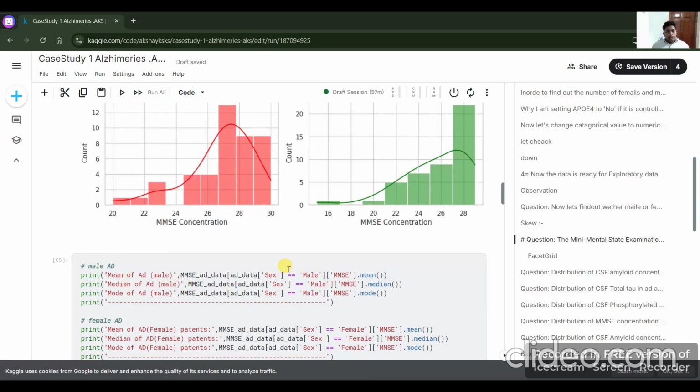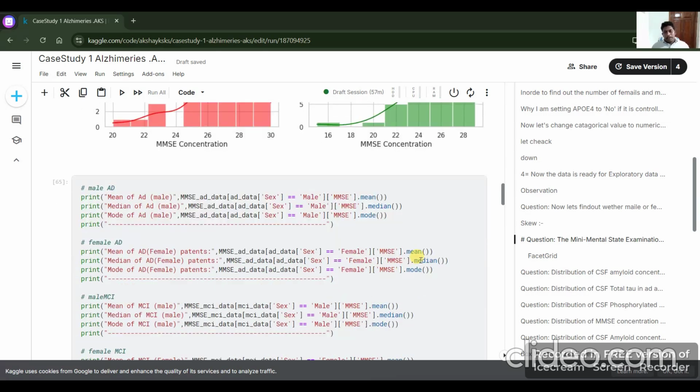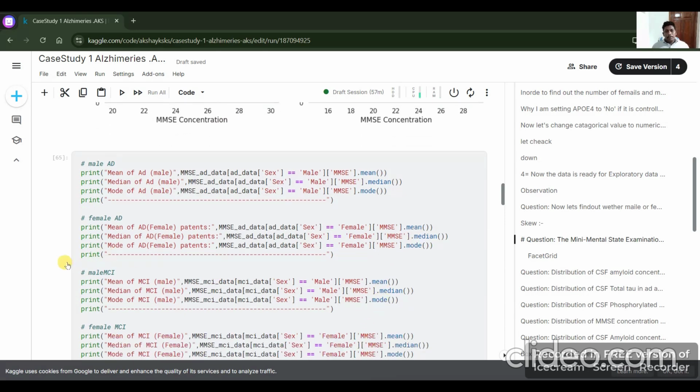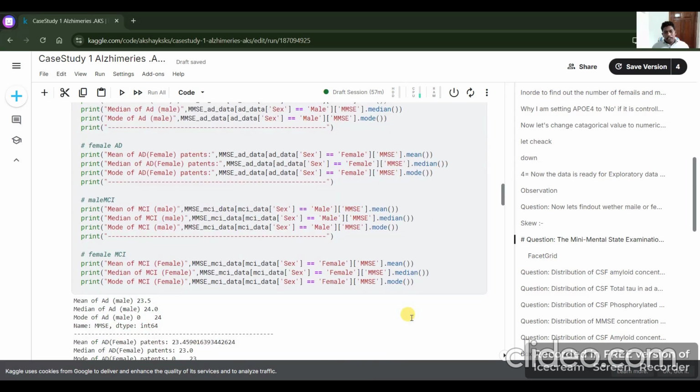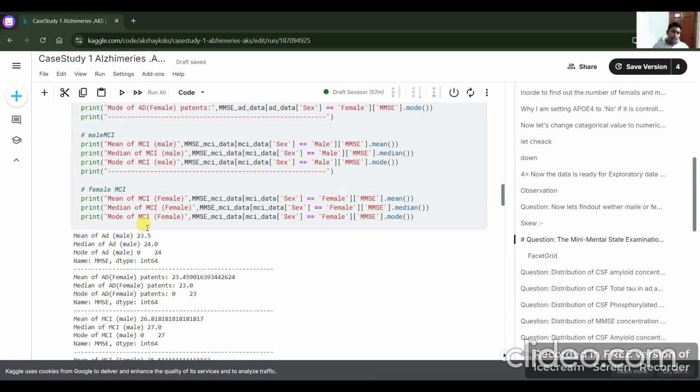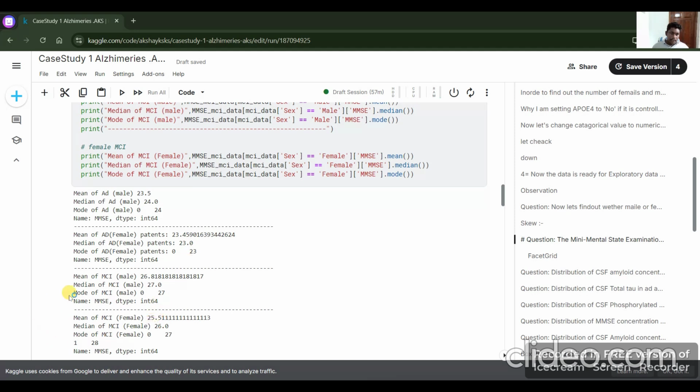Male mean median mode, female mean median mode, male MCI mean median mode, female MCI mean, all mean median mode values. We see that 23.5, 24, these values are the mean of AD, 23.45.